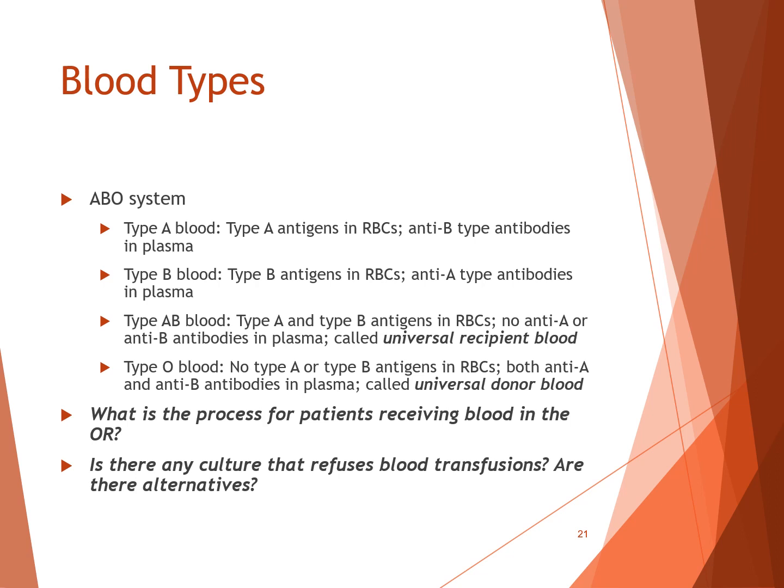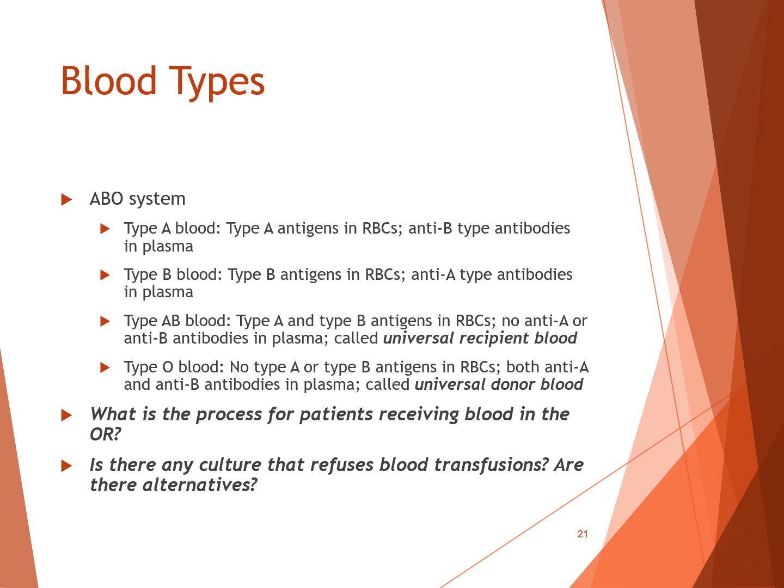That also means that there is an antibody for the opposite type, which would be type B. So type A blood has type A antigen and anti-B antibodies. So what that means is if it was to come across a B type blood cell that had the B antigen, it would attack it.